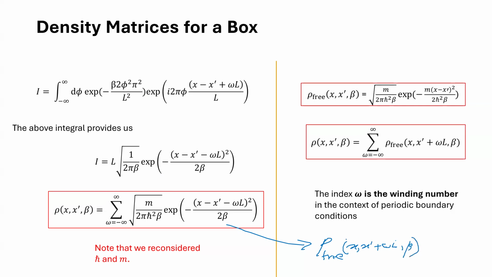So we can indicate this in this form. Then we can rewrite the expression of the density matrix for particles in a box in terms of the density matrix of a free particle in this way.